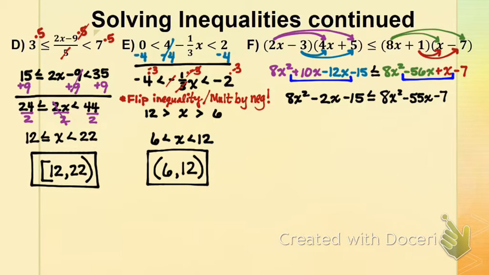Does anybody notice something interesting that just happened? What do I have that's the same on both sides? So what's going to happen to those? They're going to cancel out. So I'm not going to have an x squared anymore.